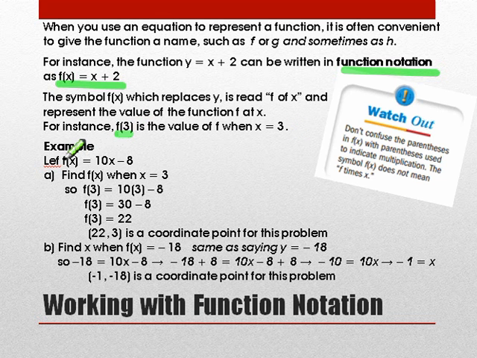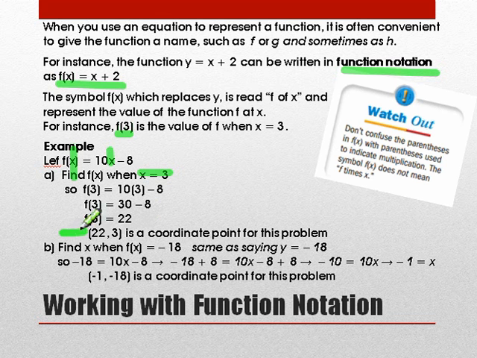If we use the function f of x equals 10x minus 8, and I tell you x equals 3, then I rewrite this as f of 3, meaning the value of y when x is 3, equals 10 times 3 minus 8. I'm just plugging in a 3 wherever I saw an x. I'm solving, and I find that f of 3 equals 22.